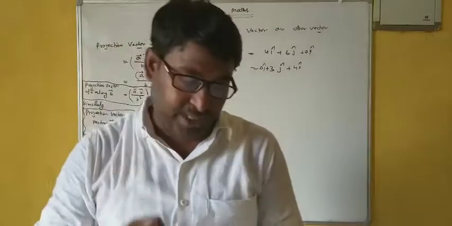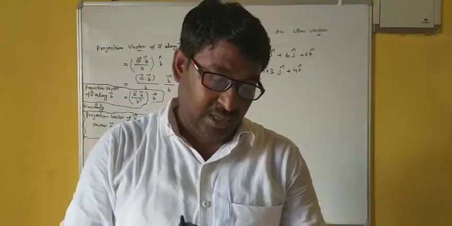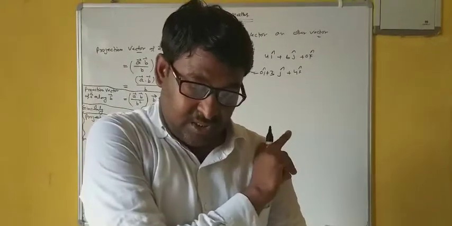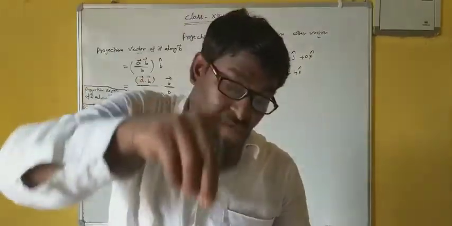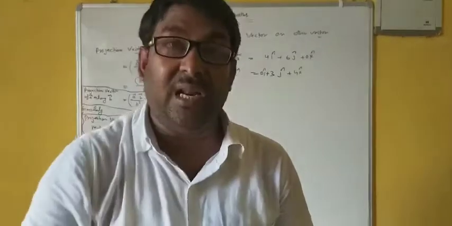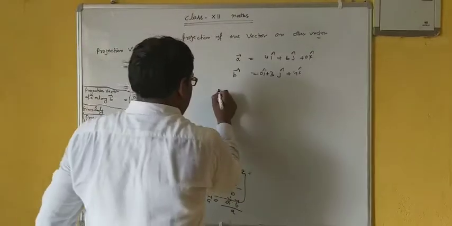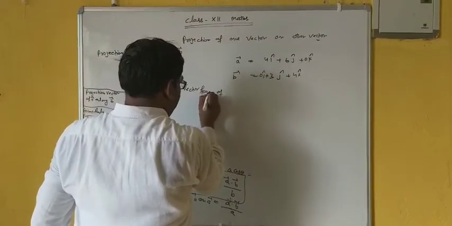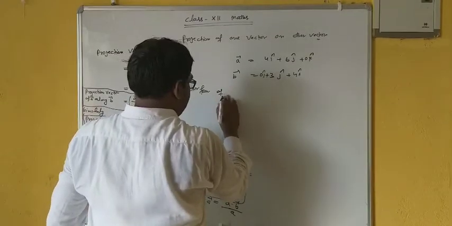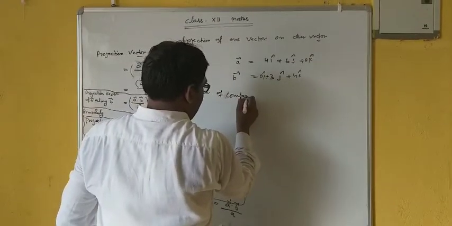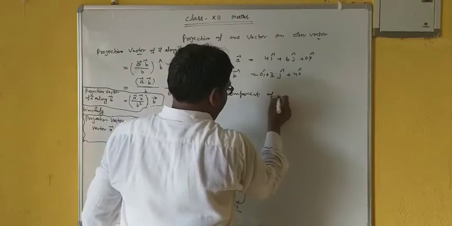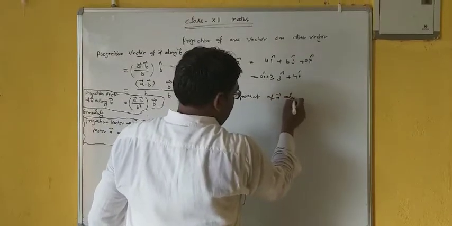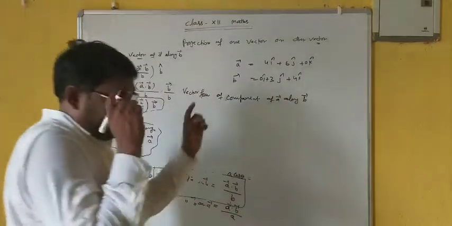So you are given two vectors A and B. The question is: find the vector form of the component of A along B. What do you mean by it?